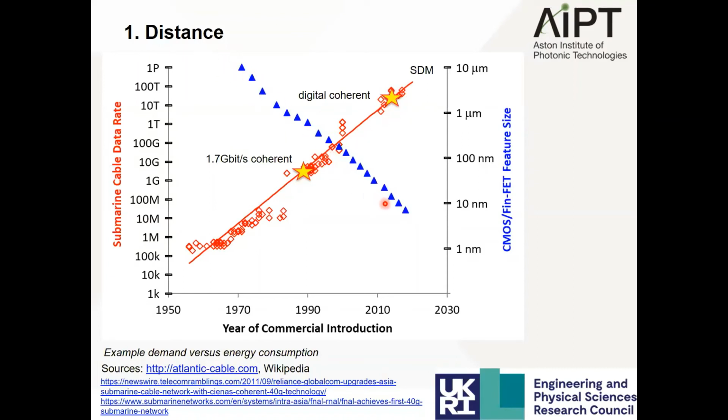And I'm also showing the improvement in CMOS in some way or another. I know the axis says feature size, but you can also read that axis as cost of the CMOS. So at some point in time, this curve crossed down below this one. I haven't got the axes aligned properly, and it was possible to do digital coherent. It was economically viable to do that and technically capable of doing that.